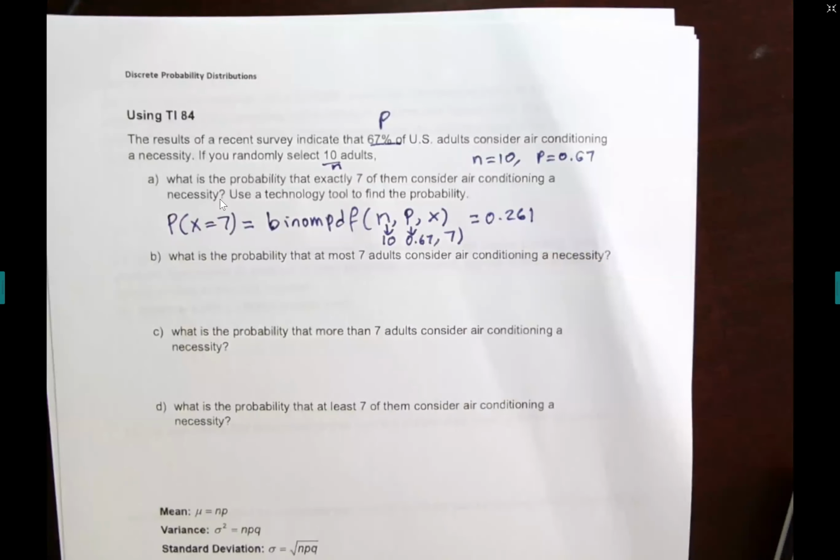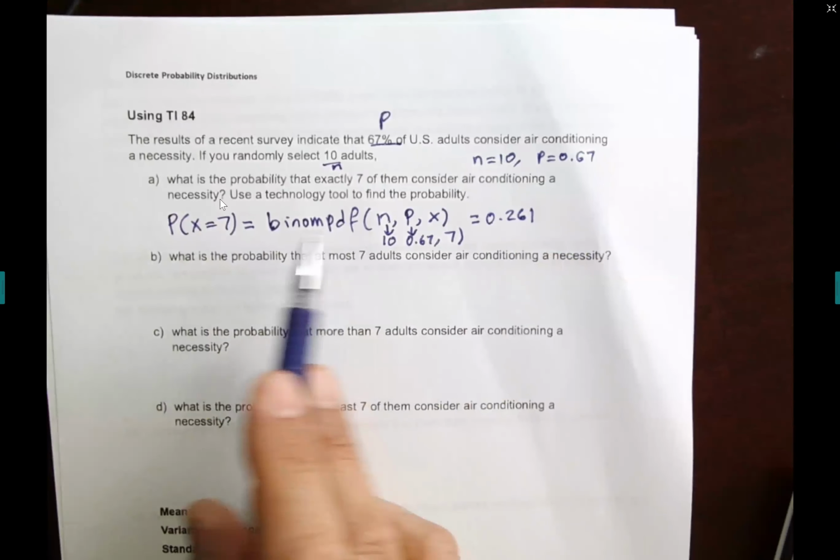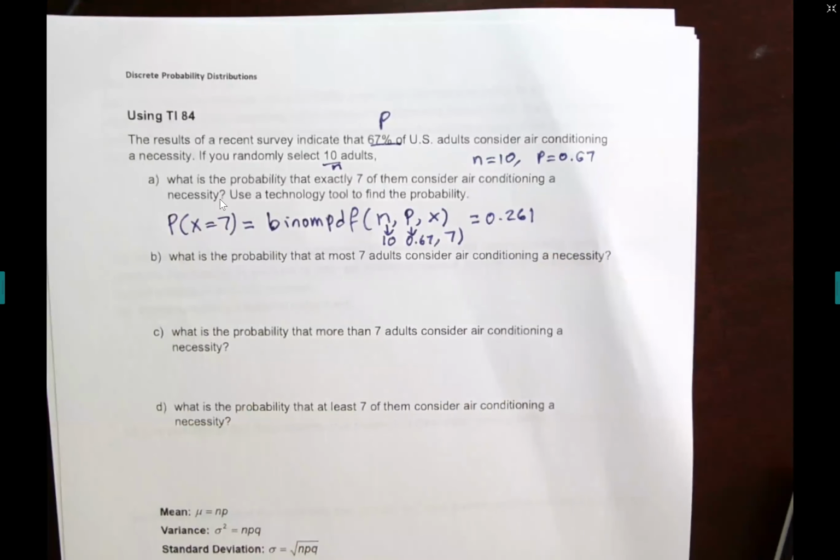A question for you guys. What if he says, what's the probability that none of them consider air conditioning a necessity? What would you change in here? Not 1 minus.